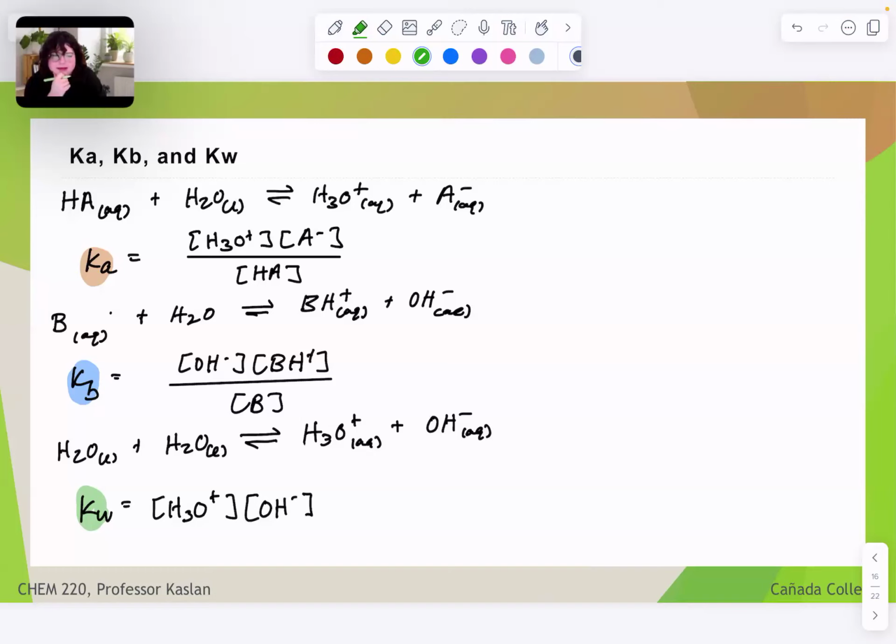Let's see here. How can I perhaps simplify or substitute any of this so that I can do something interesting with Ka, Kb, and Kw?